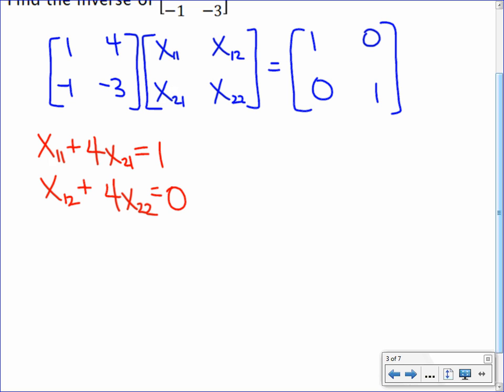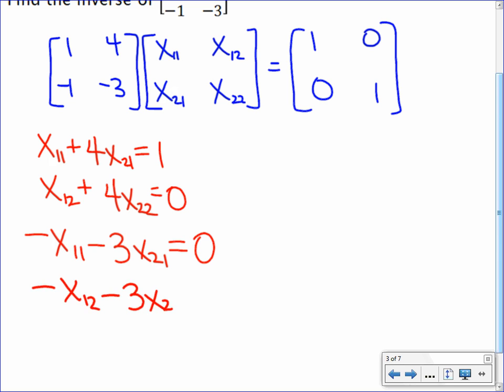Second row, first column, I get negative x sub 1,1 minus 3 x sub 2,1, and what should that equal? And then second row, second column, negative x sub 1,2 minus 3 x sub 2,2 should equal 1. Now we have a system of equations to solve. We have 2 of them that equal 0.